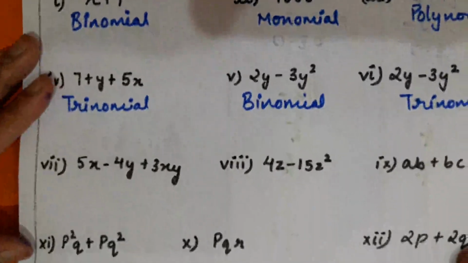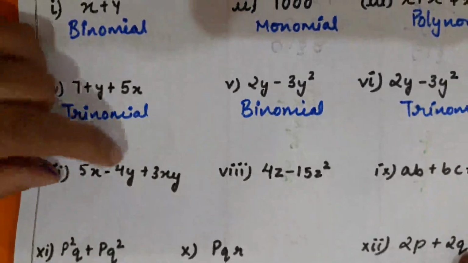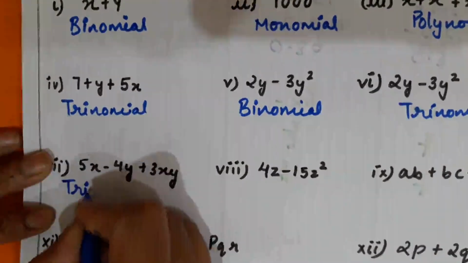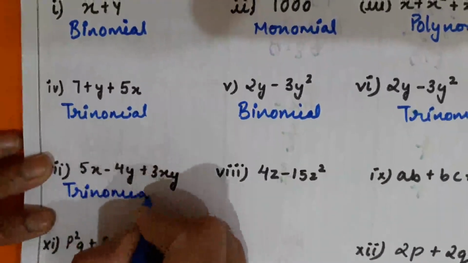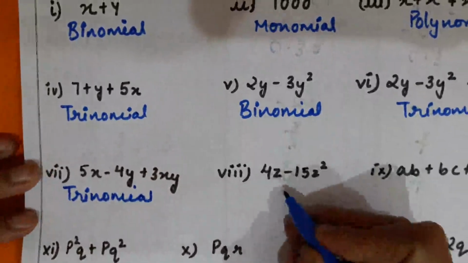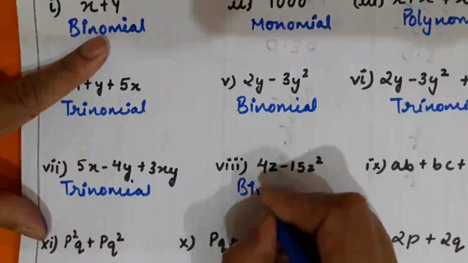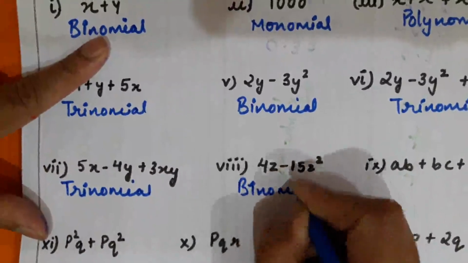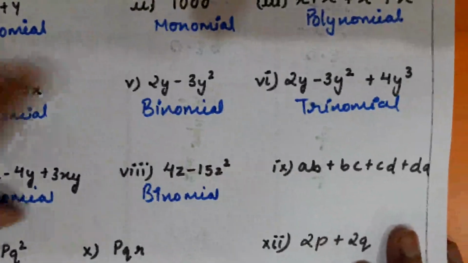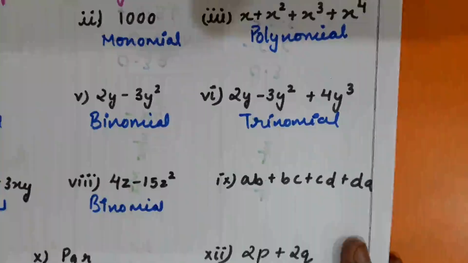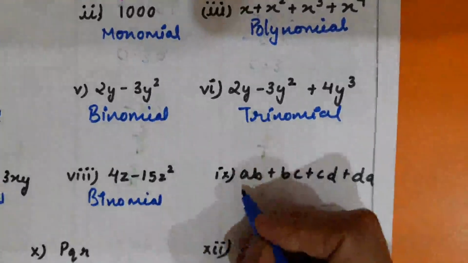Now let's move to the next one. 5x minus 4y plus 3xy, 3 terms are there, it is trinomial. Now 4z minus 3z square, 2 terms are there, it will be binomial. Next part is AB, BC, CD, DA, 4 terms are there. So this is the example of polynomial.